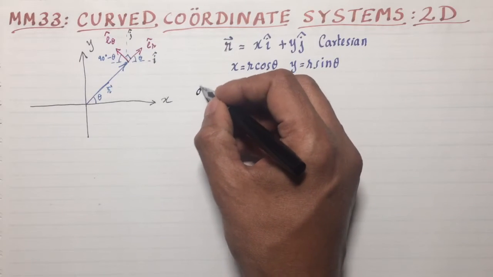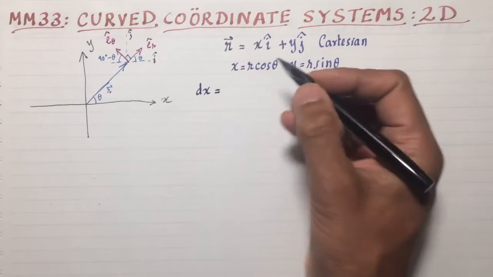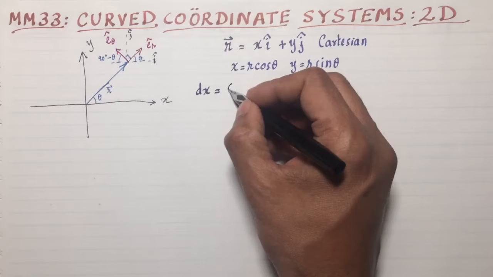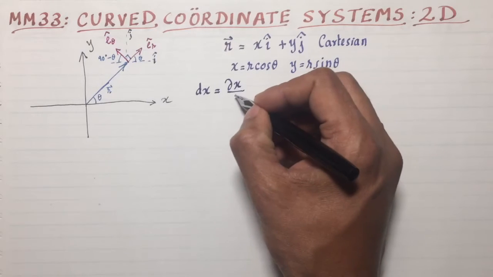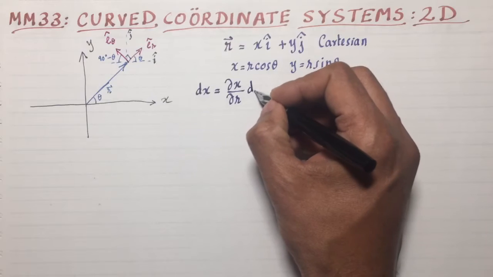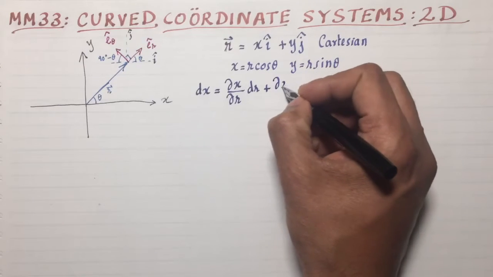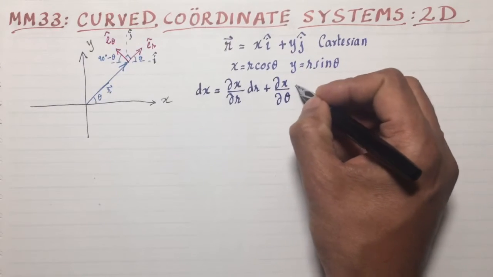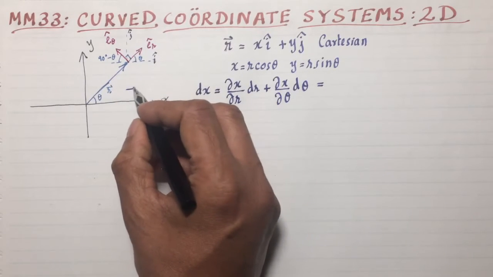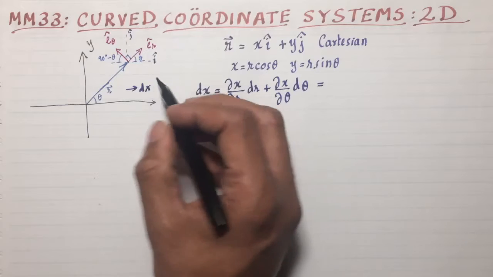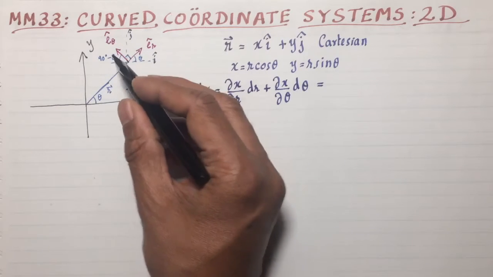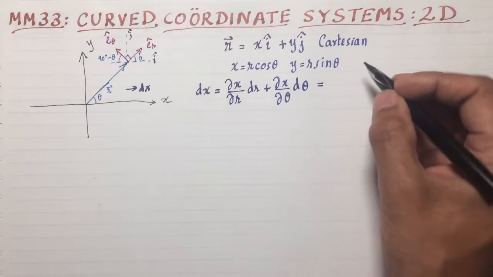For example, what is dx? A small change in x in terms of r and theta would be written like this: the partial derivative of x with respect to r dr plus del x by del theta d theta. So as you can see, a little change in x, which would be dx, has got in it elements of both a little change in r and a little change in theta, as you might expect.